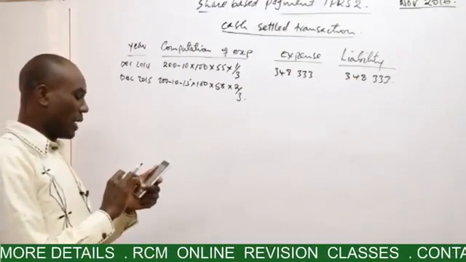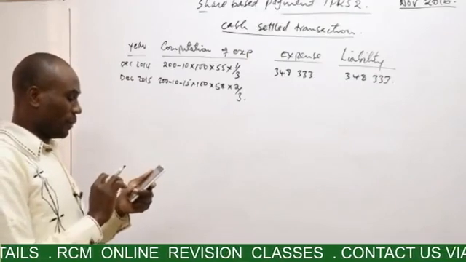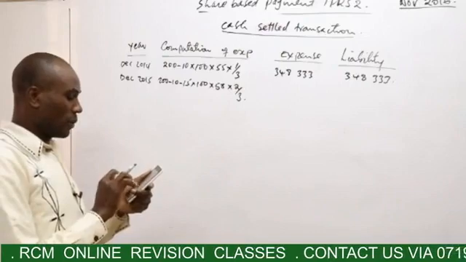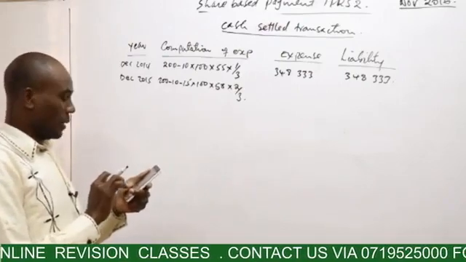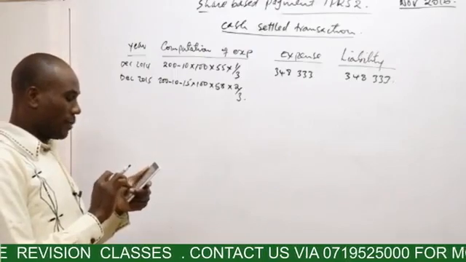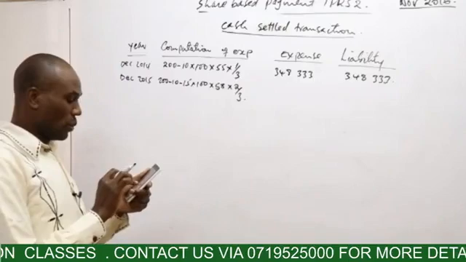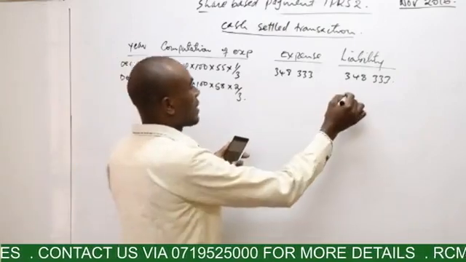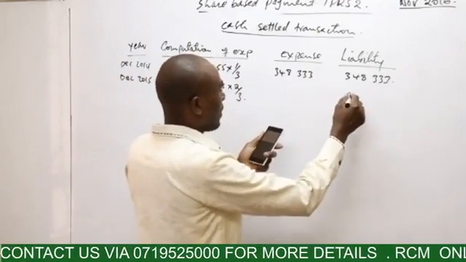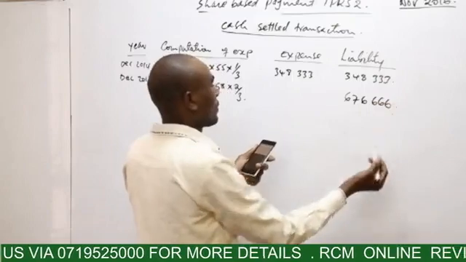That is 200 minus 25 times 100 times 58 times 2/3. I'm getting 6. Our cumulative liability is 666.